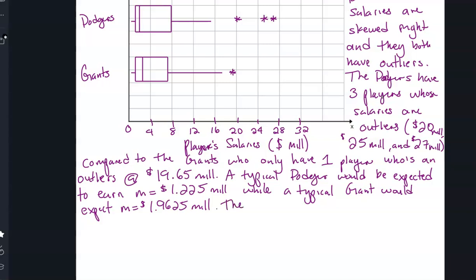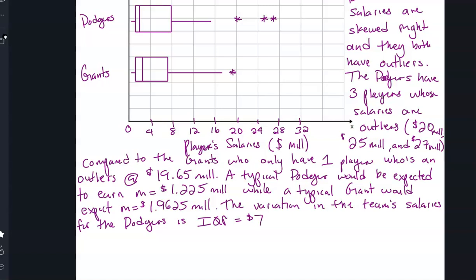The variation in the team's salaries for the Dodgers is IQR, and I did it earlier, 7.402, which is similar to the Giants' IQR, which was 7.2755.